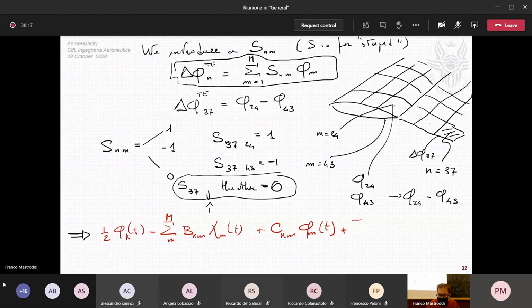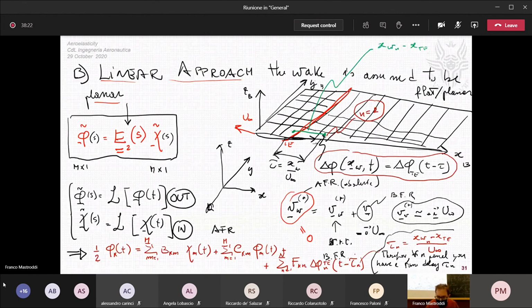Pay attention here: in the previous equation we have the summation of f kn delta phi at the trailing edge at previous time. We are representing the actual panel in the wake, but we have related this panel to the value of delta phi at the trailing edge at previous time. Now we have the connection between the delta phi at the trailing edge and, in general, all the values of velocity potential on the body.